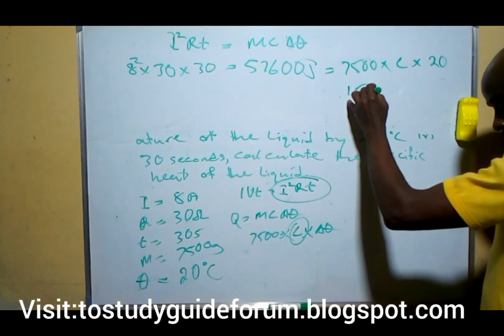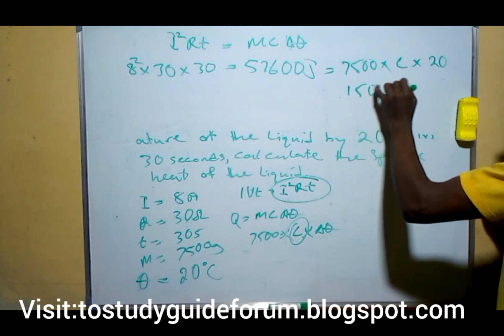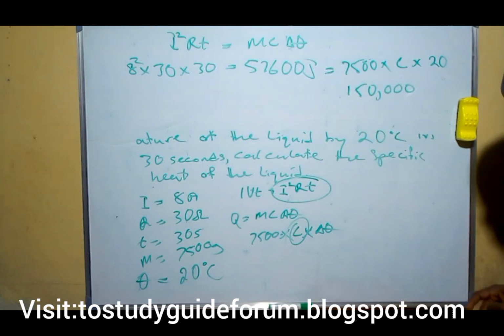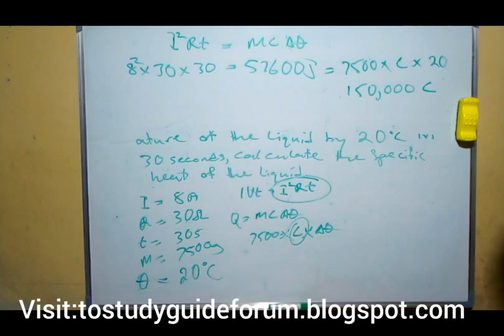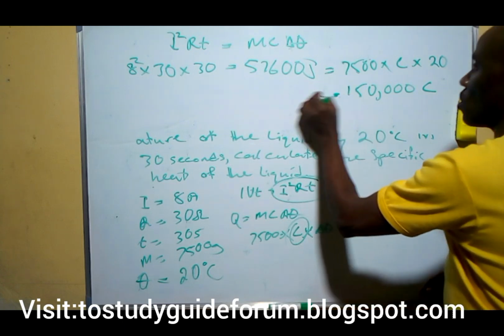So when we multiply through, here we have 150,000 times our specific heat, the one we don't know.